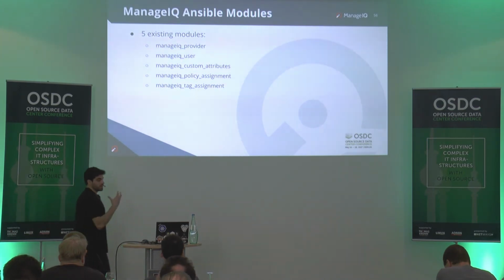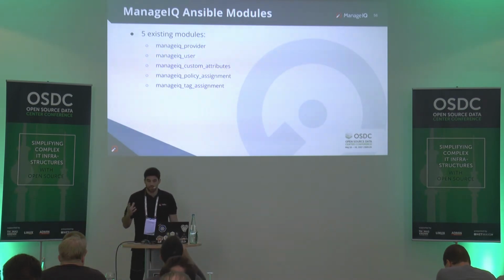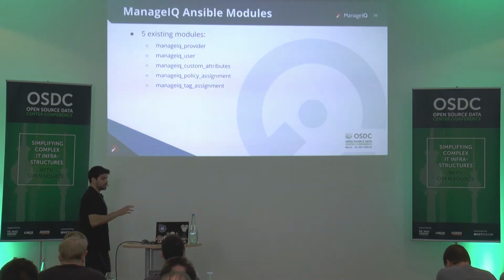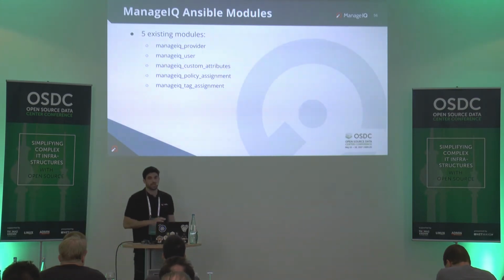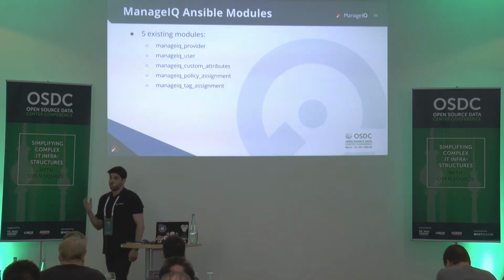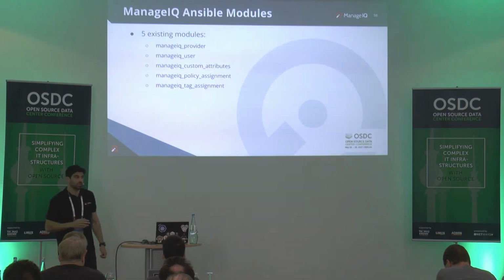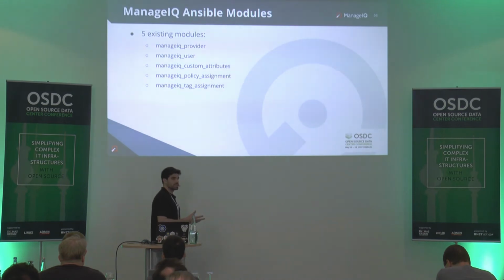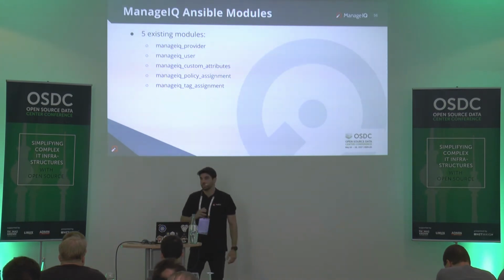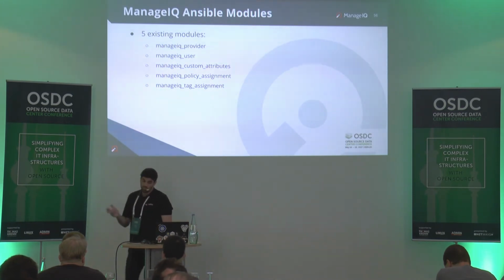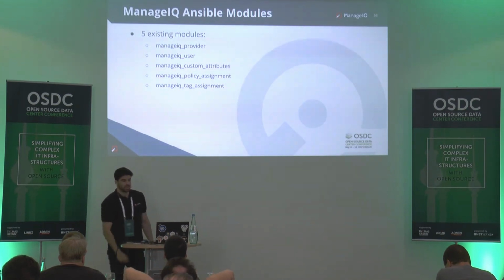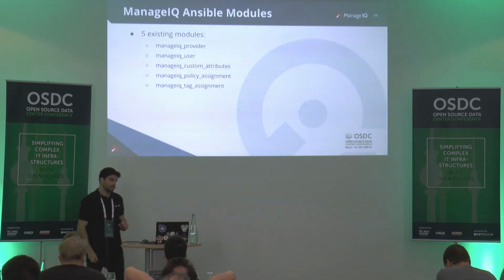This value can be a date, it can be a number, it can be a string, and I'll explain later on in the demo how they can become handy. So ManageIQ custom attributes allow you to add, update, or remove custom attributes on several resources. There are many supported resources: hosts, VMs, containers, providers, and others. The last 2 have the same logic.